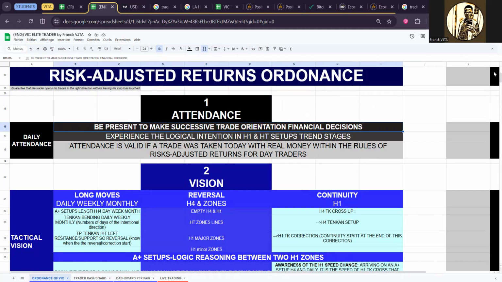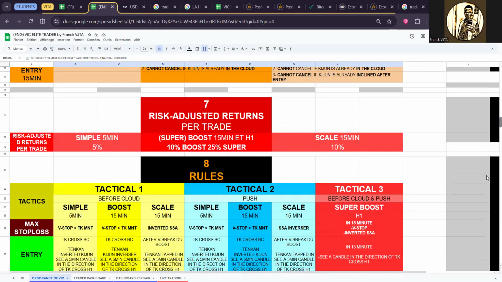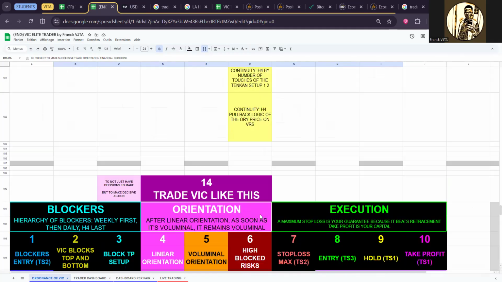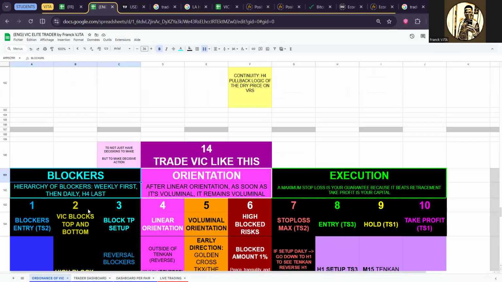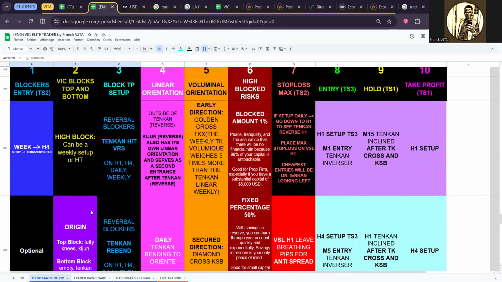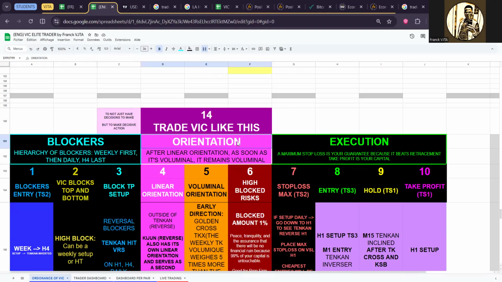So make sure in your mind that the most important thing that you are looking for is the blockers. When you look at the blockers, the rest, the orientation and the execution, will be so obvious for you.